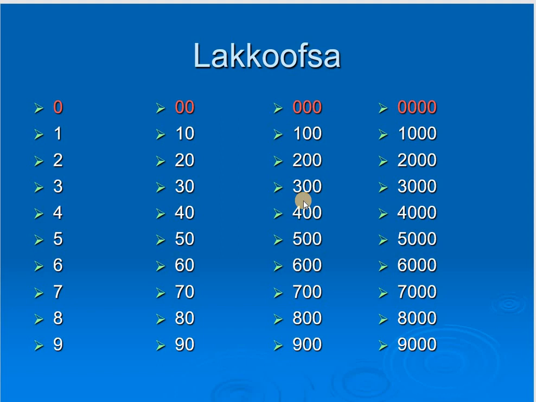Like 100 means ibba tokko, because 1 is tokko, ibba is 100. Ibba tokko, ibba lama, ibba sadi, ibba afur, ibba shan, ibba ja'a, ibba torba, ibba saddeet, ibba sagal. No difference there. For thousand, it's exactly the same.